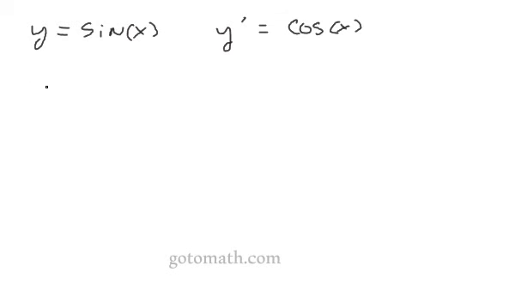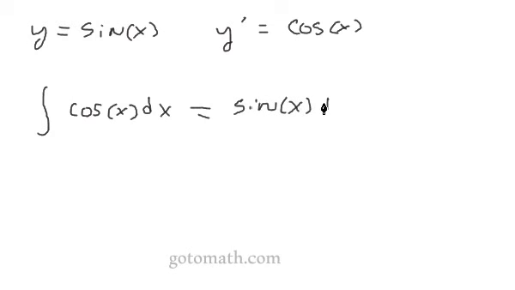So what happens if I have the integral of cosine x dx? What is this going to be equal to? Now remember, we talked about this earlier. Well, this is going to be equal to sine x.